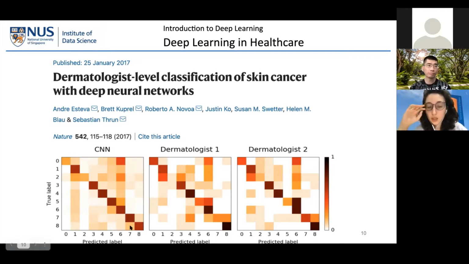So remember, here it's a confusion matrix, but here it's not binary, it's multi-class. So basically, if you have perfect classification, all the predicted labels will be equal to the true labels. So all the diagonal will be very dark, and the rest should be white. Okay.